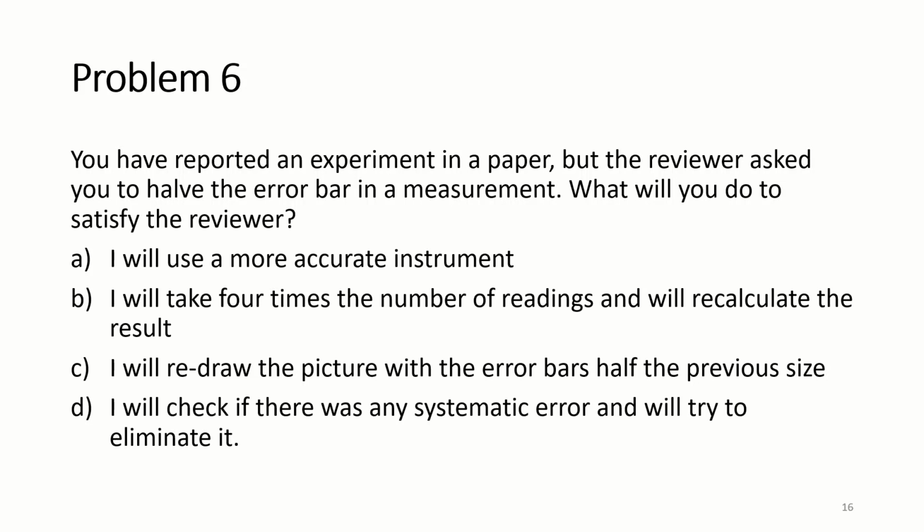So there is always an error when we take the samples. So that's why we try to eliminate those errors. But how will you try to halve it using a systematic error? What do you mean by systematic error?